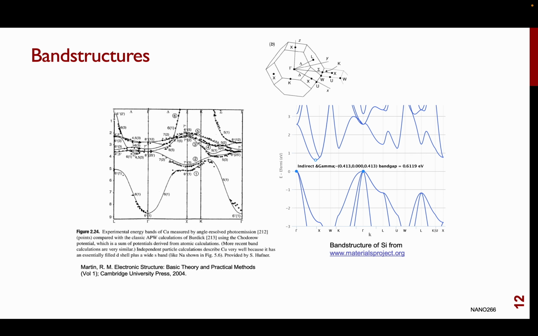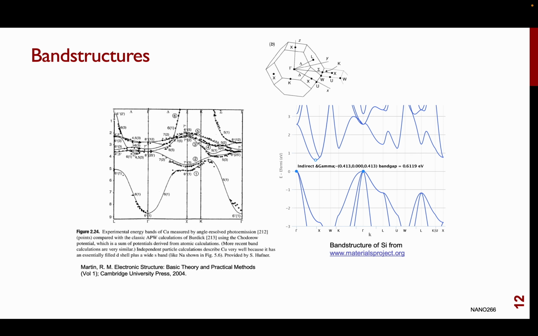So why does density functional theory underestimate or overestimate the band structures? Is there a specific reason? Yeah, so it is related to the fact that in the LDA and GGA approximations, the electrons are overly localized.